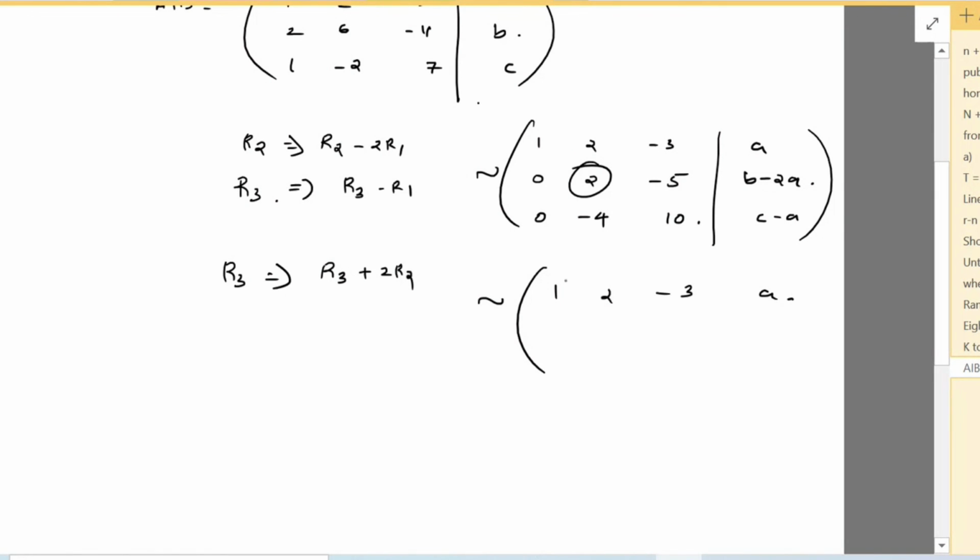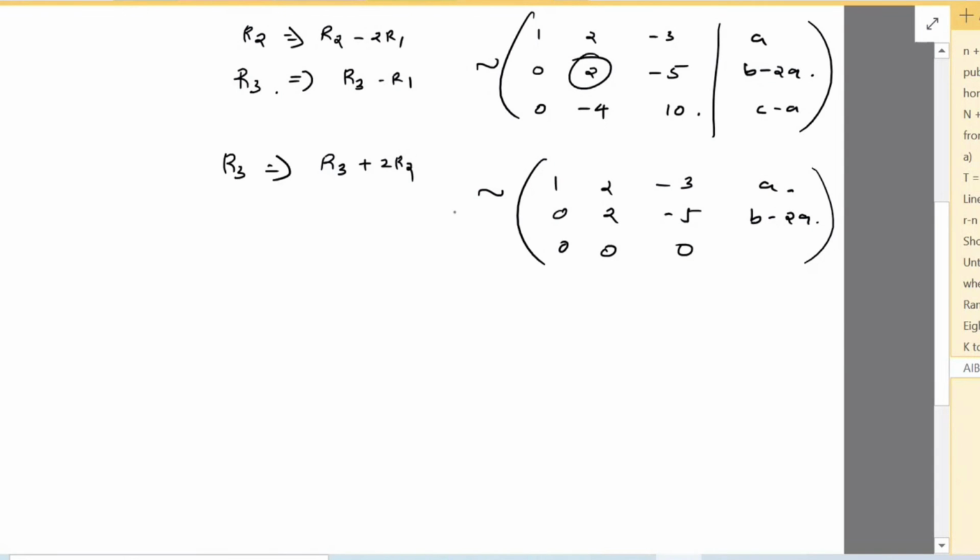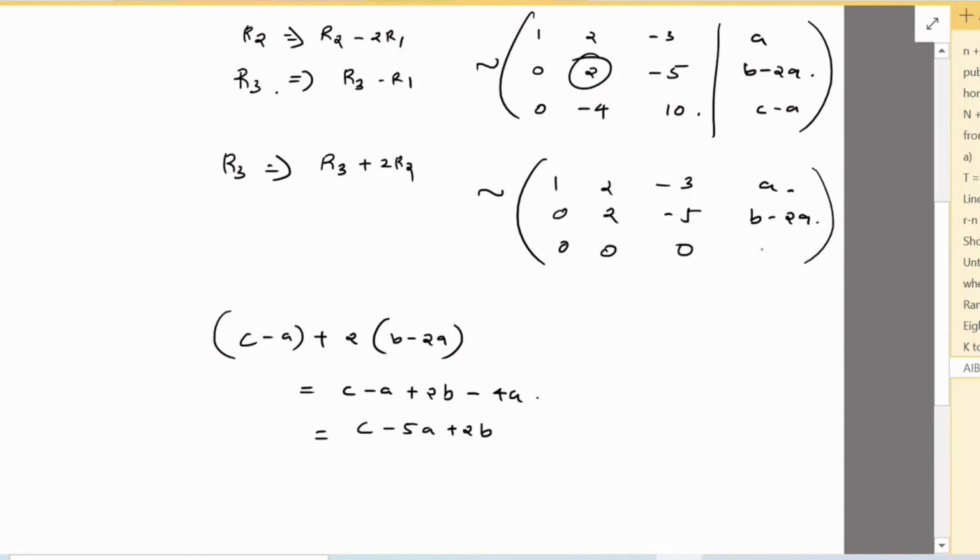So the matrix reduces to the third row 0, 0, 0, and the last element will be c minus a plus 2 into b minus 2a, which is c minus a plus 2b minus 4a, equal to c minus 5a plus 2b.